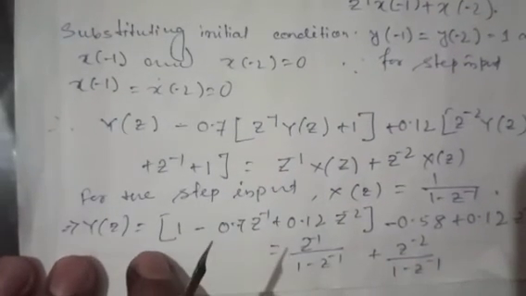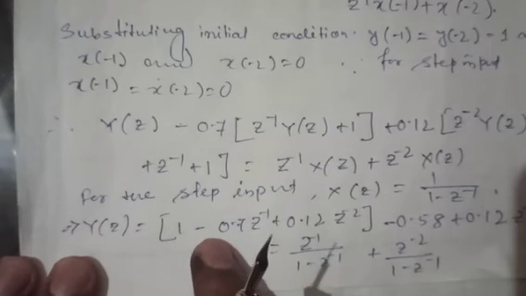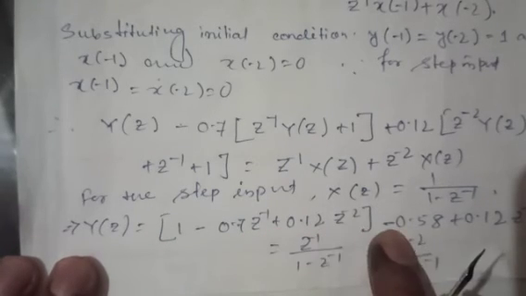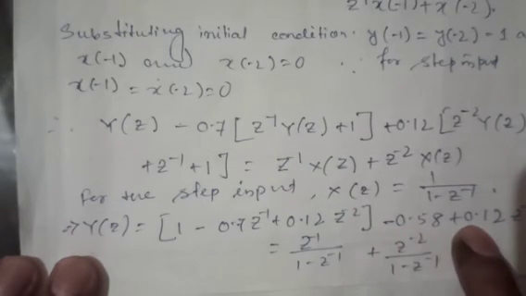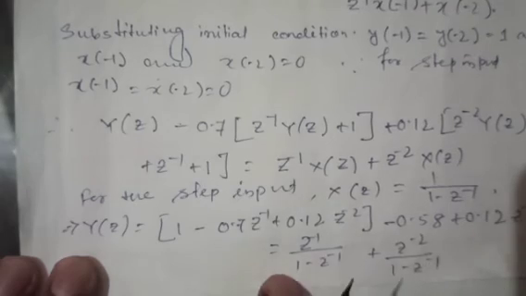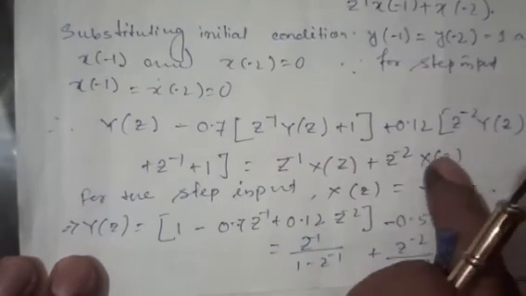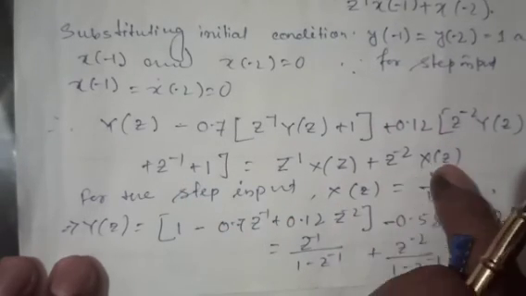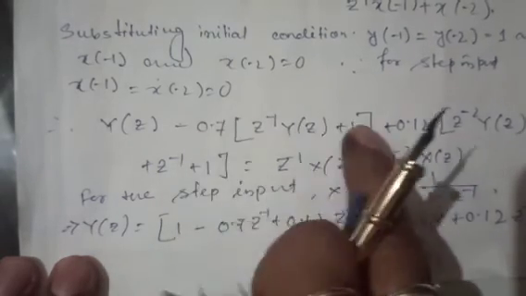So y of z times 1 minus 0.7 z inverse plus 0.12 z inverse 2. Now if we calculate, it will be minus 0.58 plus 0.12 z inverse, that is, for 0.12 into 1, the 0.12, and minus 0.7.